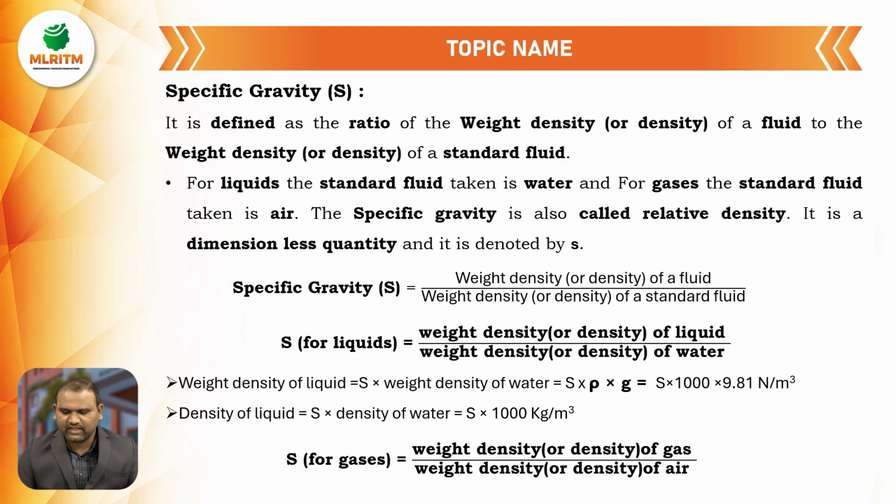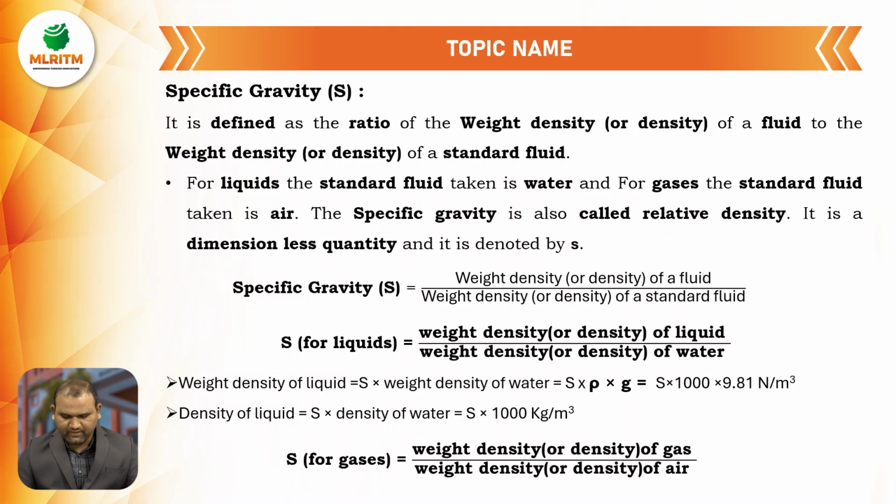The specific gravity is also called relative density. It is a dimensionless quantity and it is denoted by S. Specific gravity is equal to weight density or density of fluid by weight density or density of standard fluid.